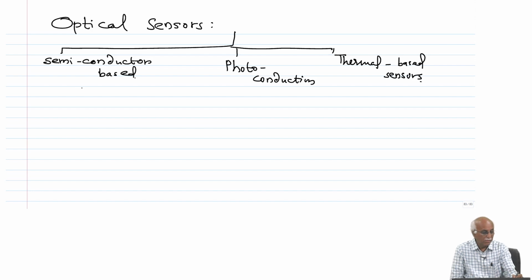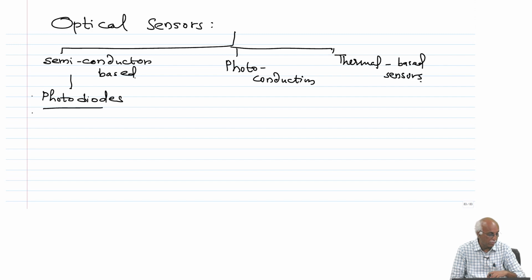Semiconductor based sensors are basically photodiodes, and different types of photodiodes are available, such as avalanche photodiodes. Yesterday we studied a couple of modes of operation of photodiodes: the non-biased mode and the reverse bias mode.